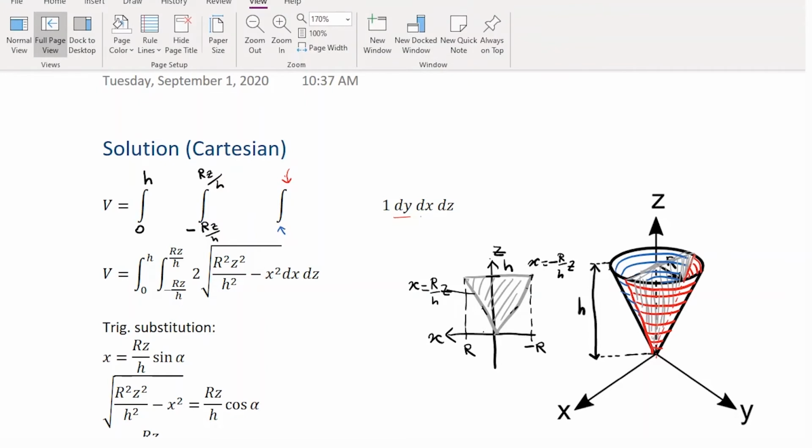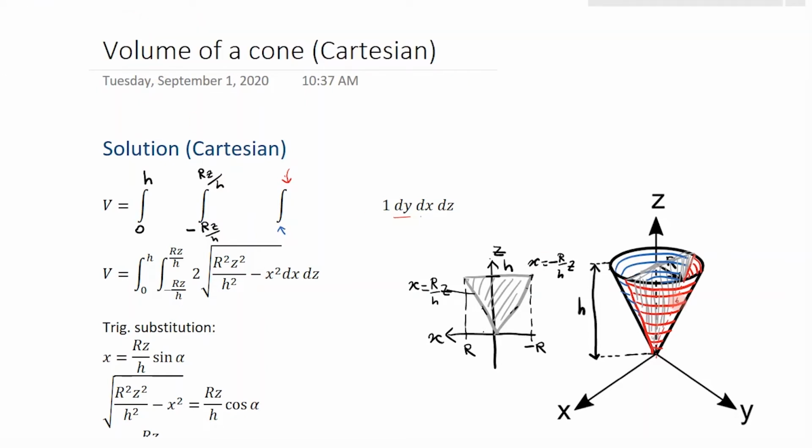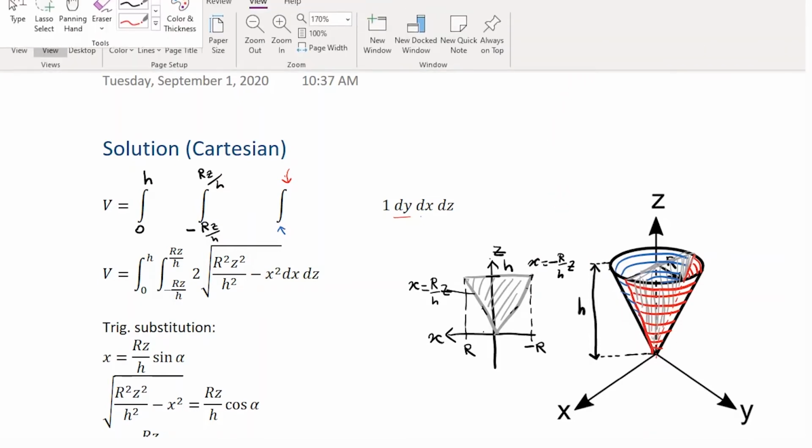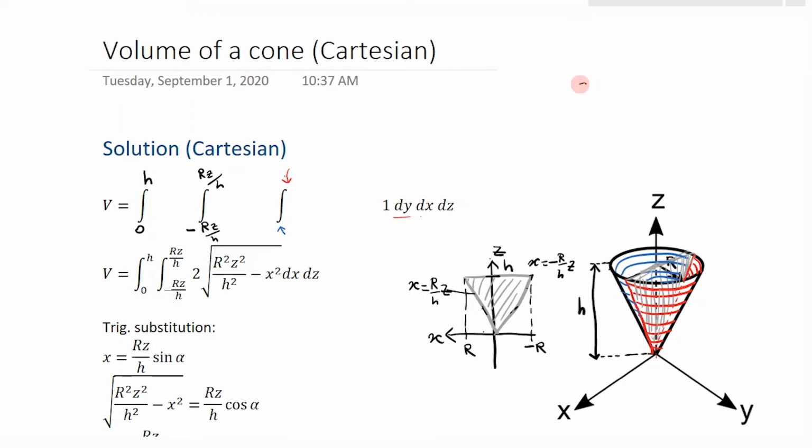For this blue bound and red bound, we will have the actual surface of the cone. Remember how the surface of a cone was described by z equals k times the square root of x squared plus y squared? In other words, z squared divided by k squared equals x squared plus y squared, or y squared equals z squared over k squared minus x squared.